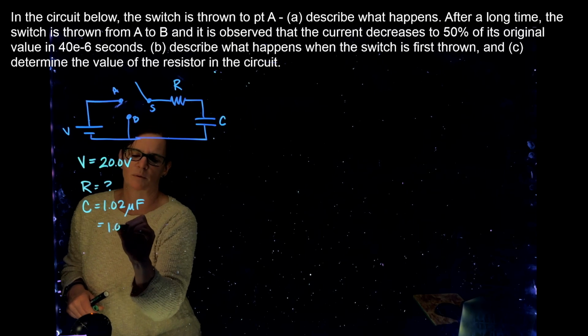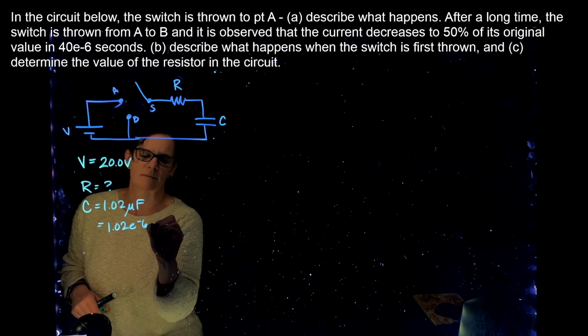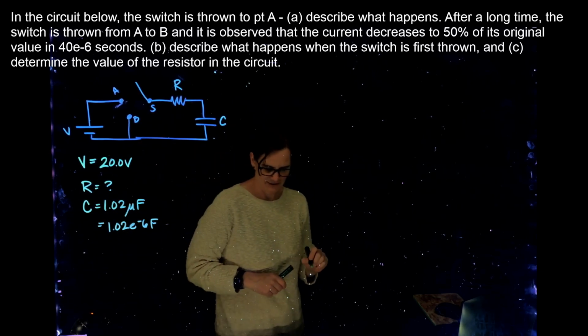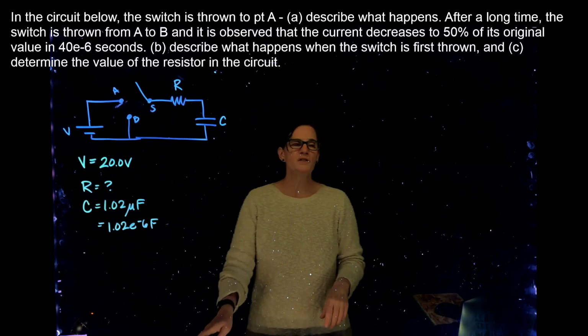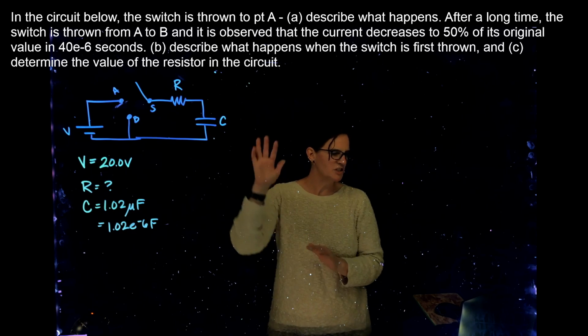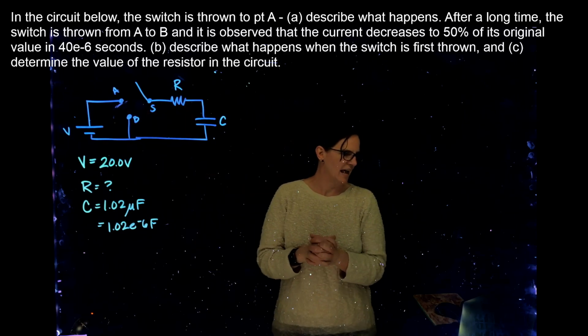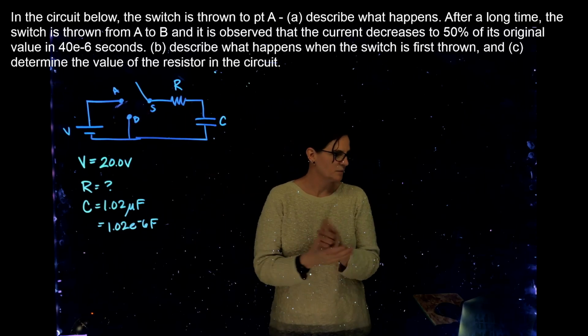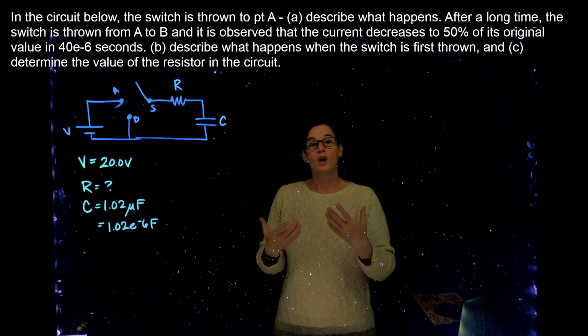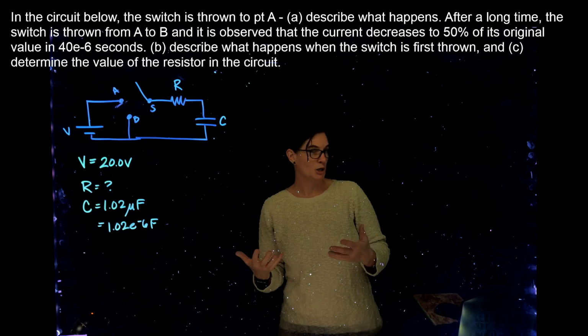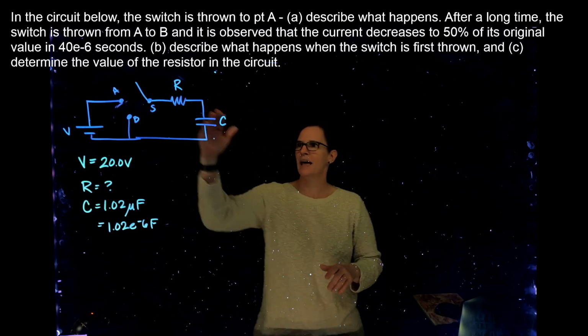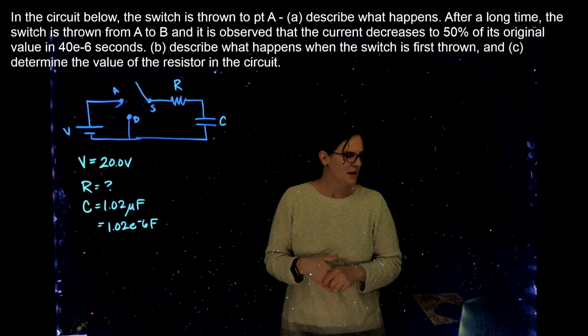So remember that's 1.02 times 10 to the minus 6 farads. All right. So what happens when the switch is thrown to point A? We want to describe what happens, so we'll talk through that. And after a long time, hint, a long time, the switch is thrown from A to B, right?